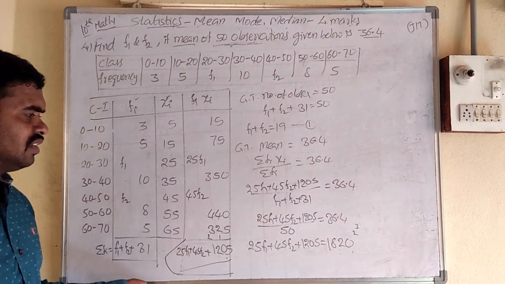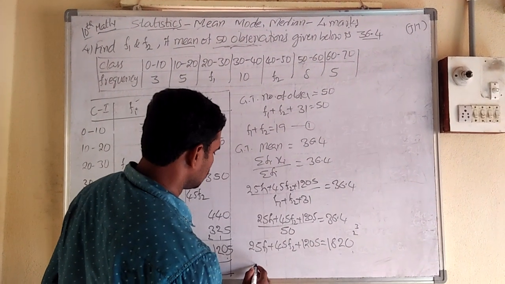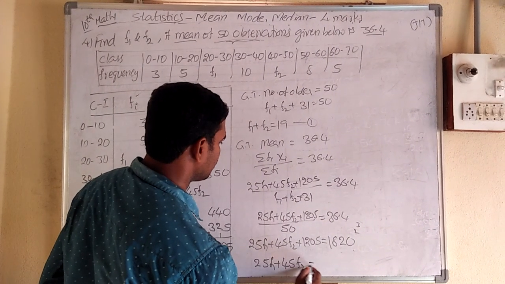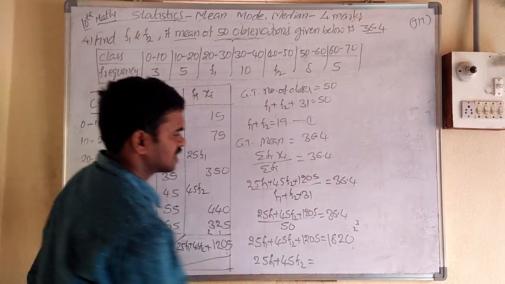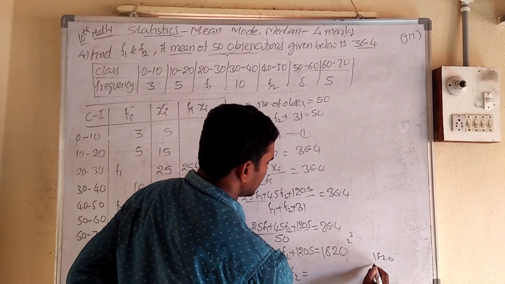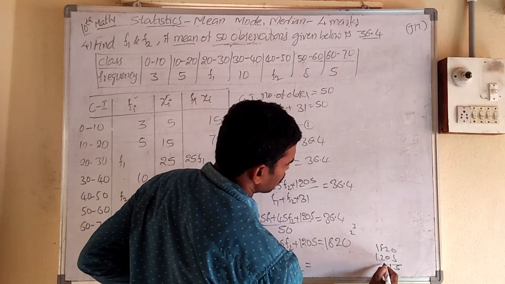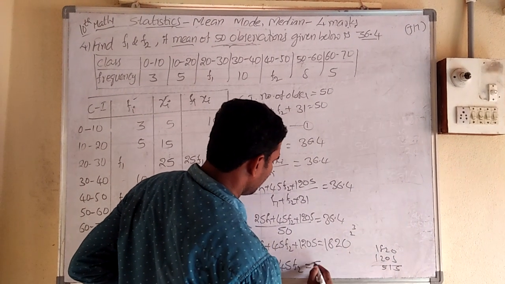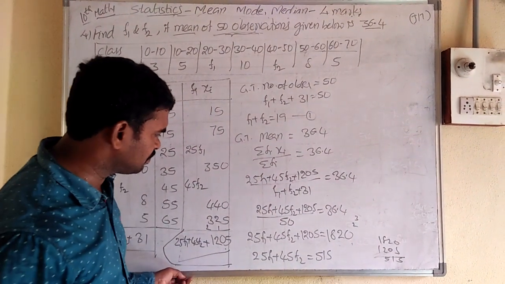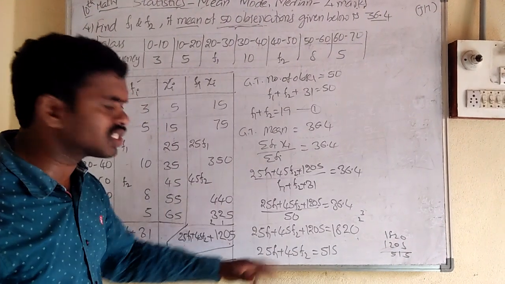It is 1820. Next, 1205 goes to the right side, so 25 f1 plus 45 f2 equals 1820 minus 1205. How much is that? Can we take anything common? We can take 5 common to reduce the terms.